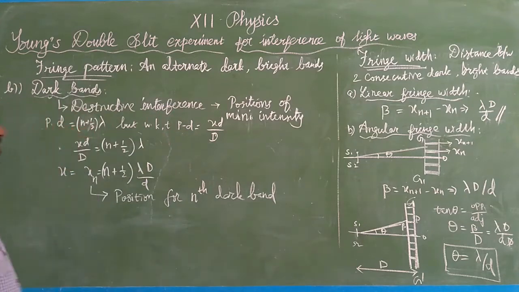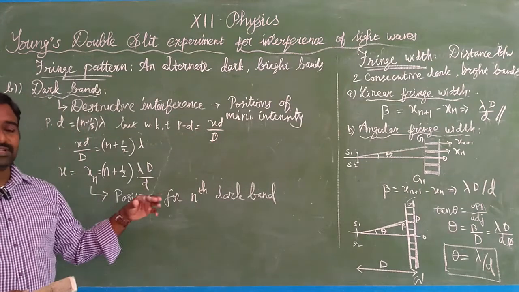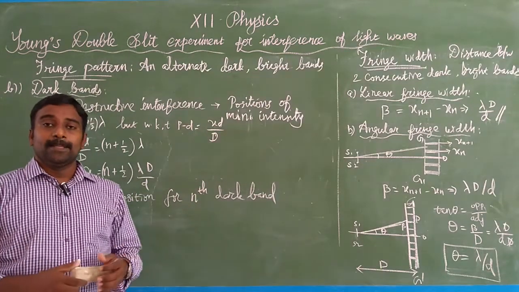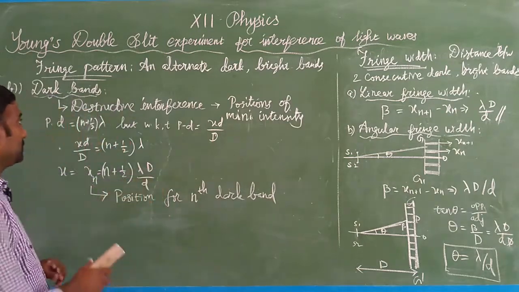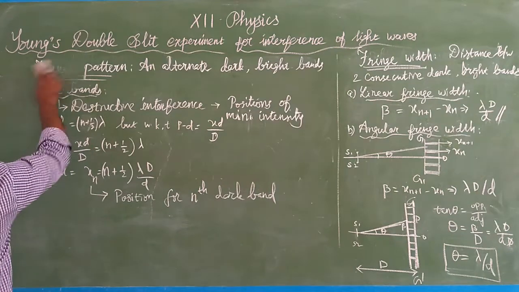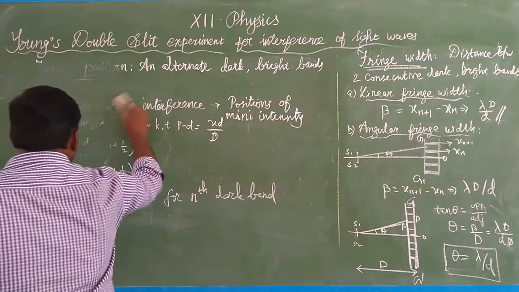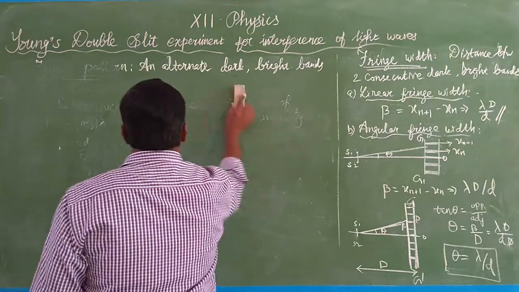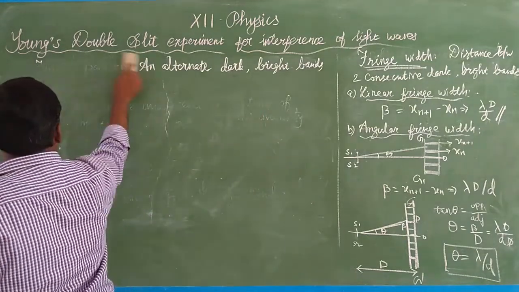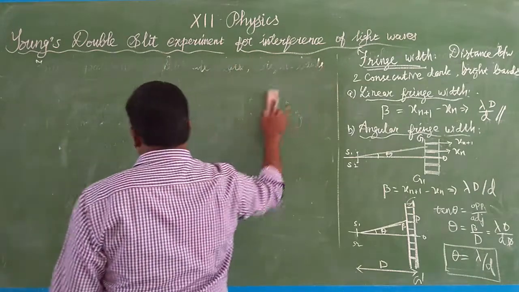Now we are going to end this session, not the lessons, this Young's double slit. The famous scientist, his name is Dennis Gabor. He won a Nobel Prize in the year 1971 for the principle of holography. You know what a hologram is?